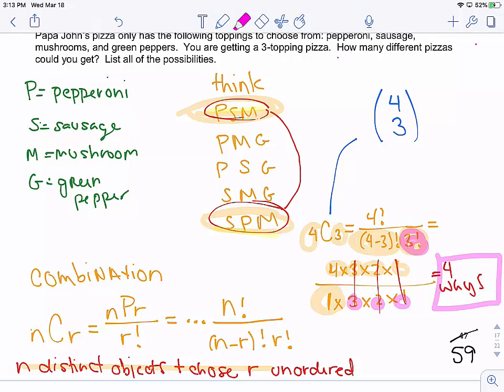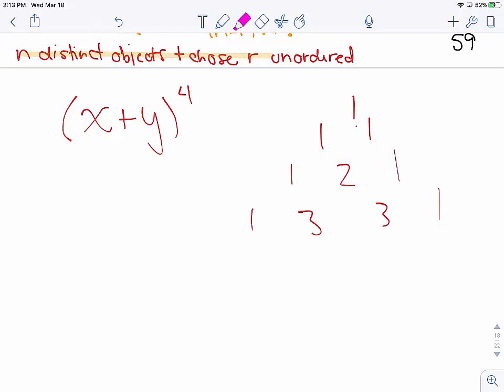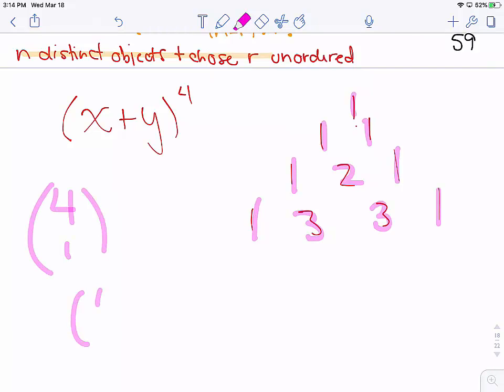Now you don't actually have to do the formulas. You can use your calculator. And before I talk to you about that, I also want to show you 4C3 can be written as 4 choose 3, which you may have seen last year when you were doing binomial expansions and we used Pascal's triangle. So you may have seen some of that last year, like 4 choose 1, 4 choose 2.